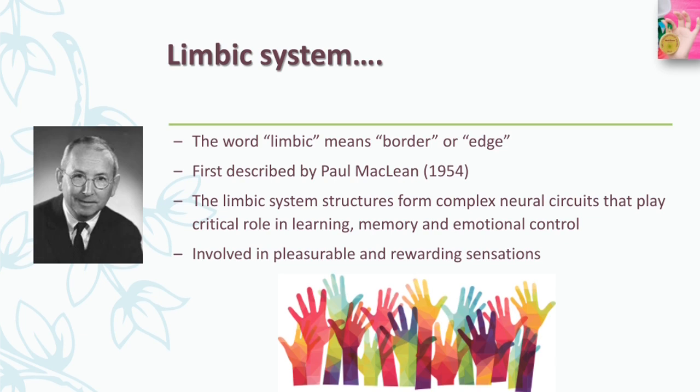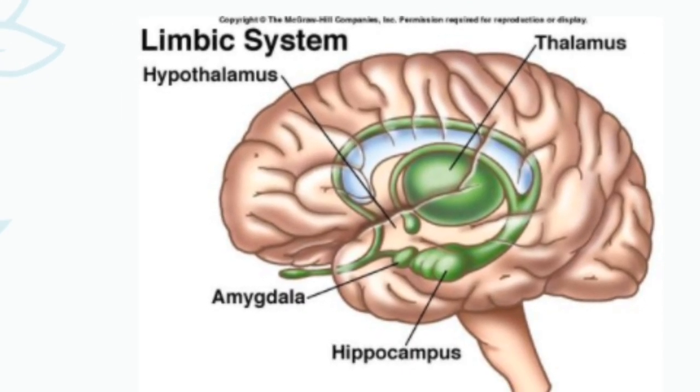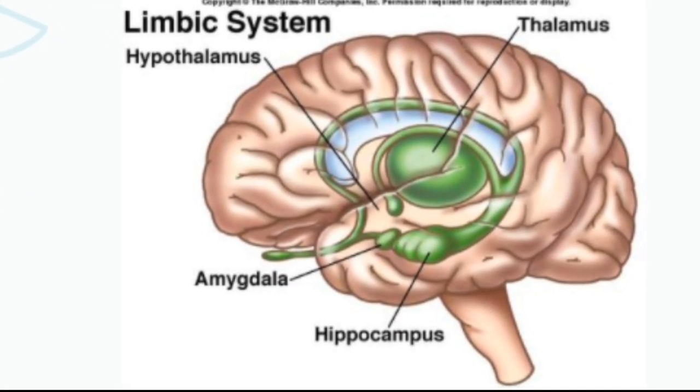Indeed, scientists disagree about which structures should be included in the limbic system. But broadly defined, the limbic system includes parts of the thalamus and hypothalamus, the hippocampus, and the amygdala and the septum, which you can see in this picture.